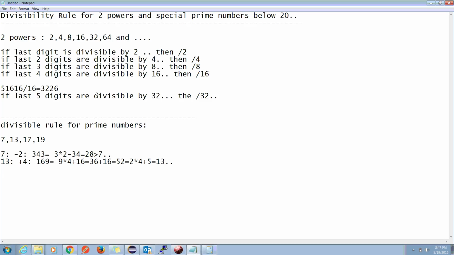So let's see the divisibility rule for 17. 17 is actually minus 5. Let's see. Yeah, minus 5.